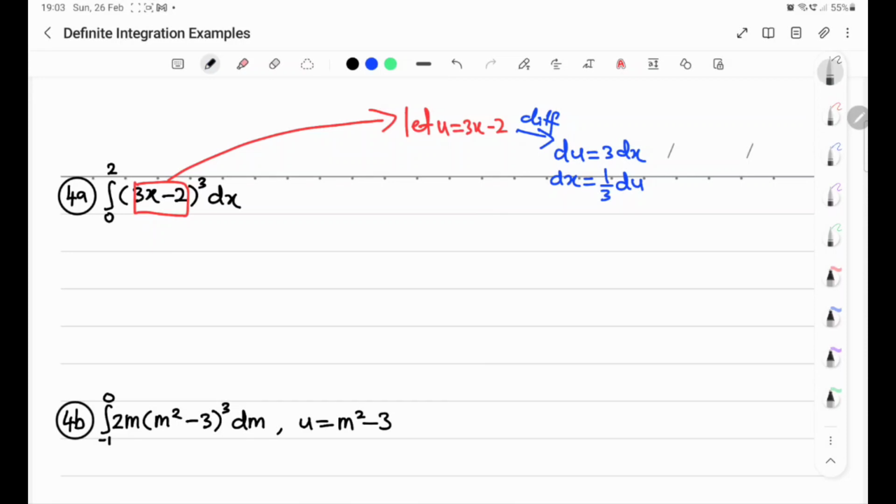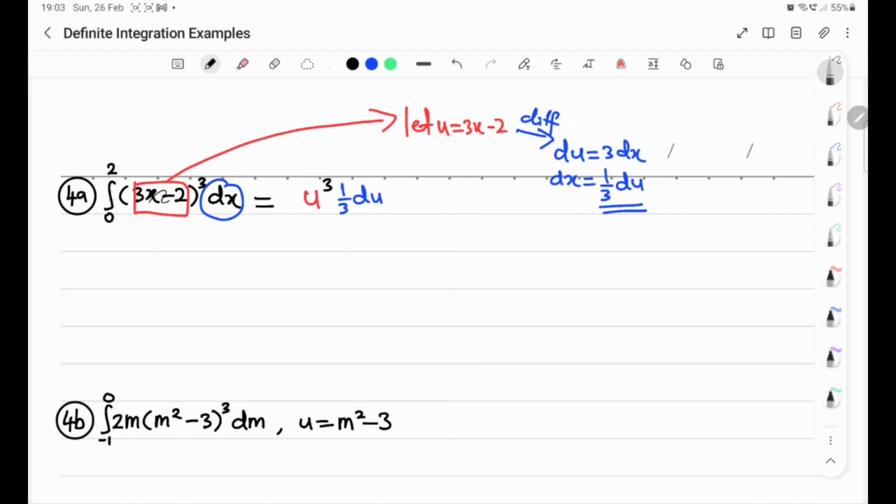So what we can do is replace everything that we can. From the substitution, we can replace it by u to the power of 3, and we can replace dx by 1 over 3 du.